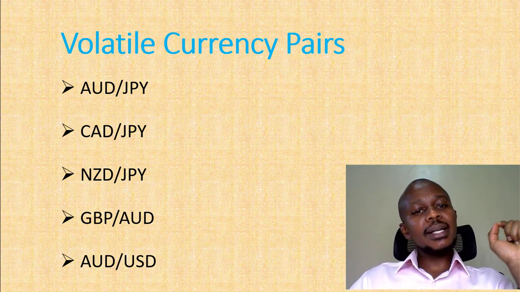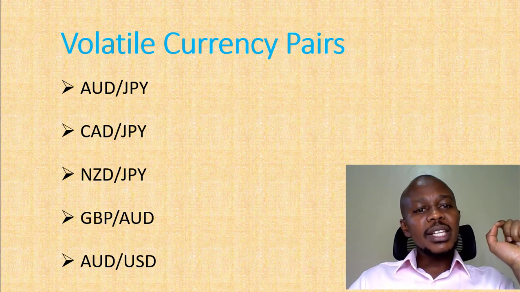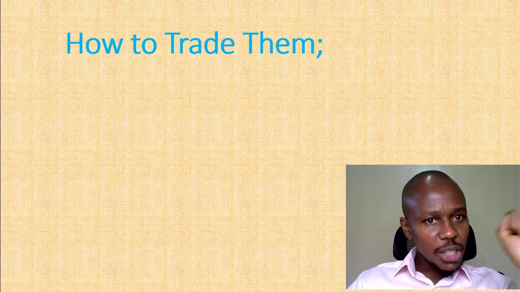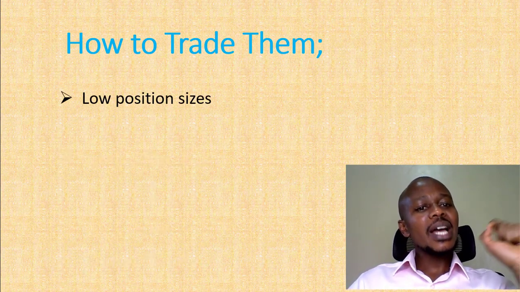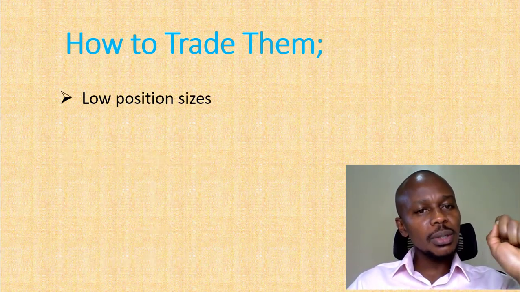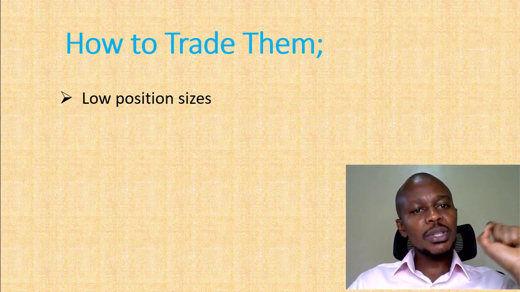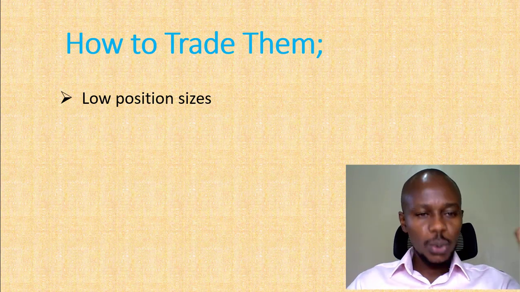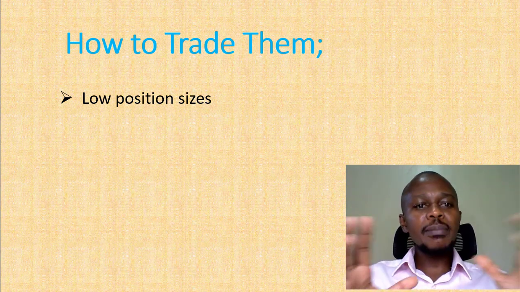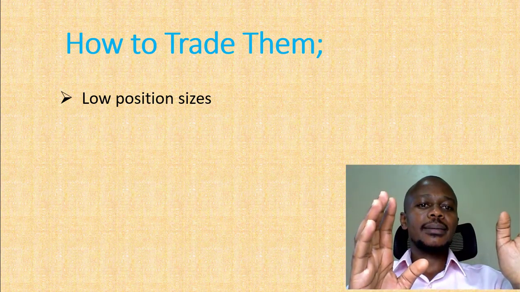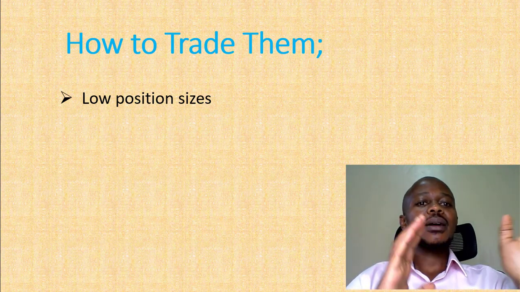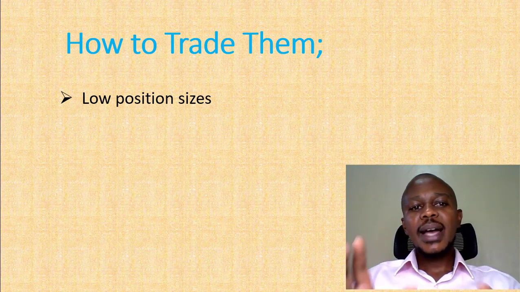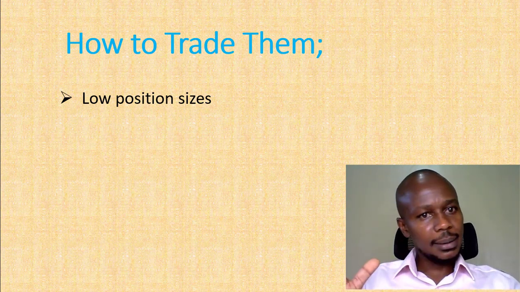And one of the most important things to look at when you are trading the volatile currency pairs is the position size. Always go for the low position sizes. Take your position using the lowest lot sizes as you can. And we have said before, combine the measure of your lot size with your leverage. Don't utilize leverage beyond 10.